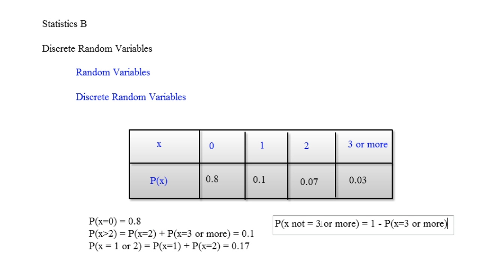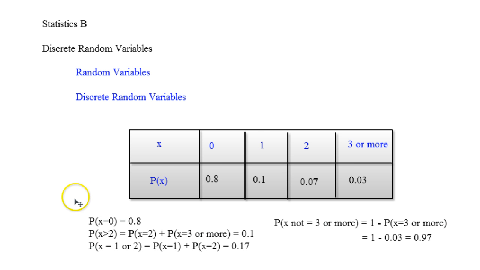And that in turn turns out to be 1 minus 0.03, which is equal to 0.97, about 97% of the time.